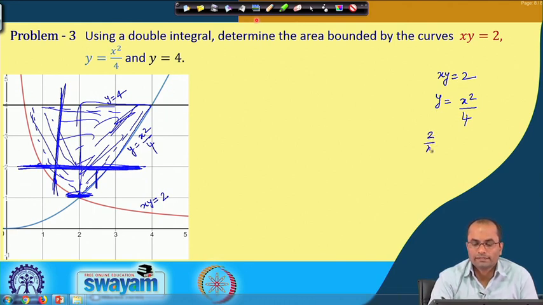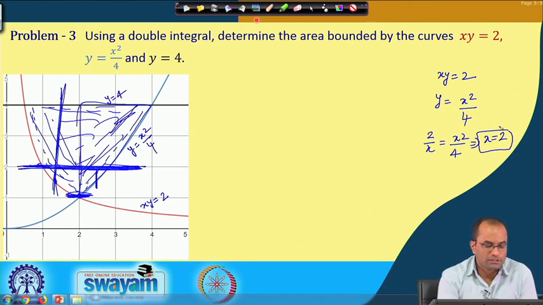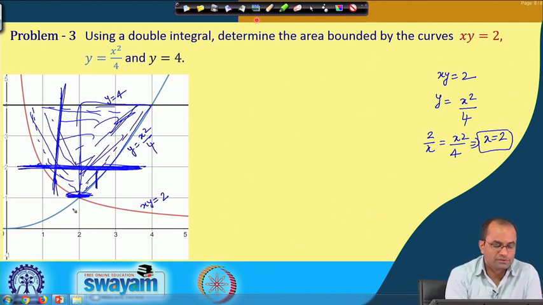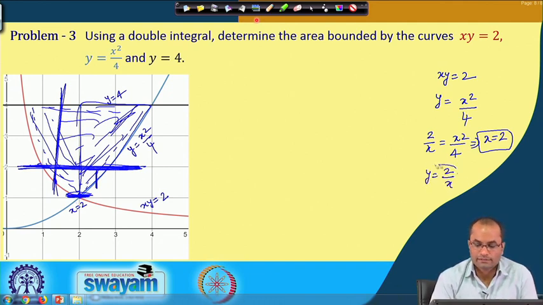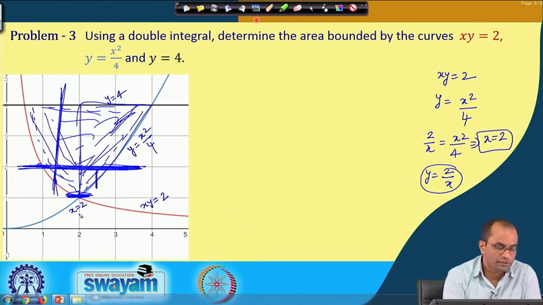So, 2/x = x²/4, and from here we can get that x will be just 2. So, this point here is precisely x = 2, and y is 2 over x, so that means 1. So, here y is 1.